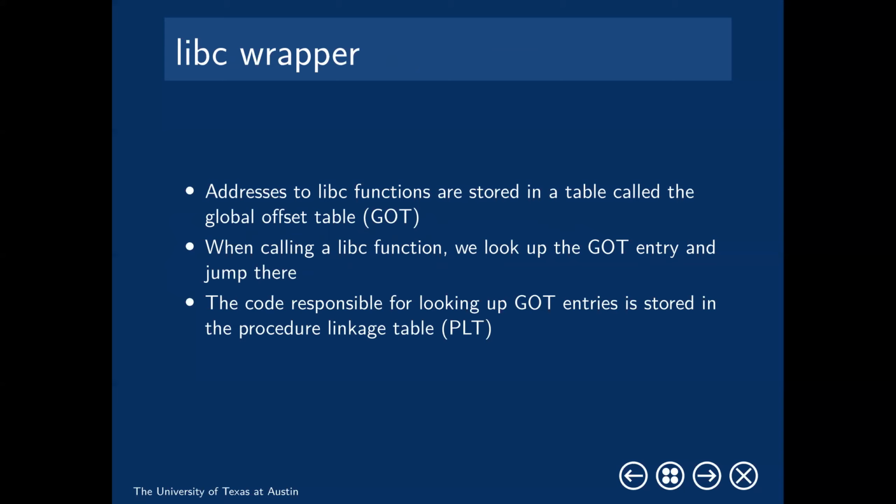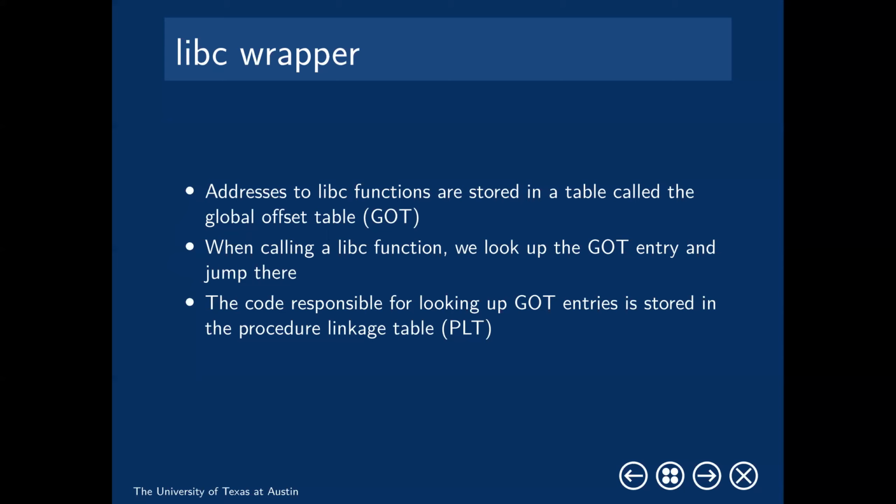So this libc wrapper that I mentioned, there are 2 components to it. One is called the PLT and one is called the GOT. That is procedure linkage table and global offset table. The global offset table is just a big table of addresses to libc functions that the binary calls.